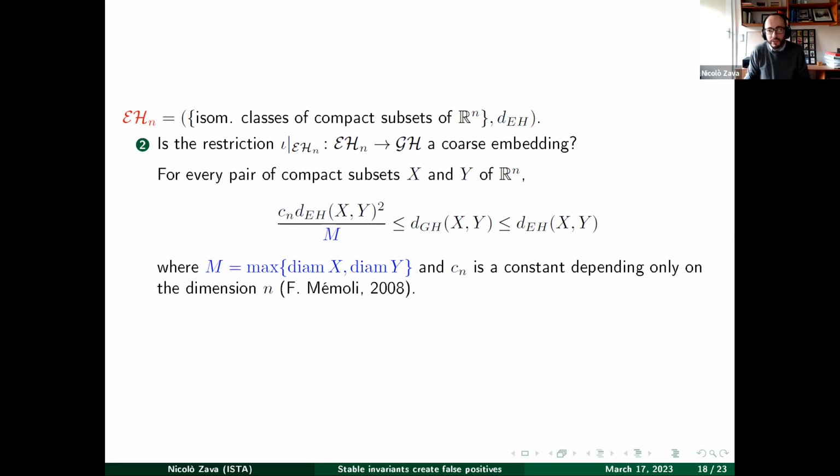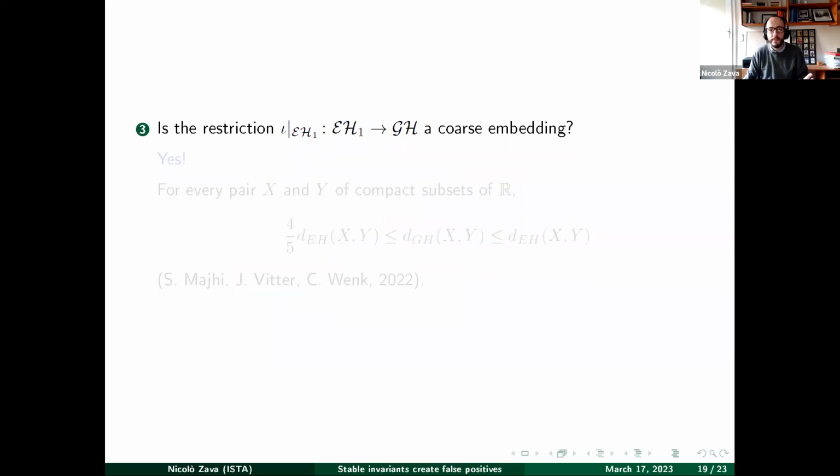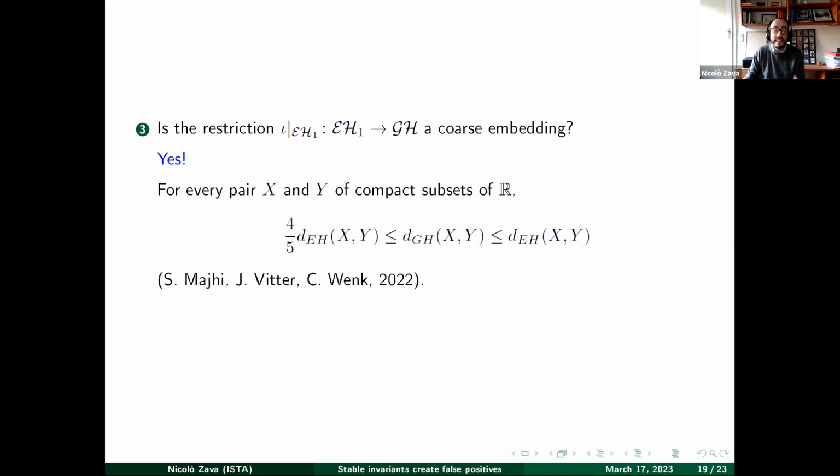So again, our second shot missed, but what if instead of R to the n, we just consider R, a subset of the real line? Is the restriction to this very small space a coarse embedding, at least? And the answer is finally yes. Magsino, Sheehy, and Bank provided a linear lower bound to the Gromov-Hausdorff distance, depending on the Euclidean Hausdorff distance.